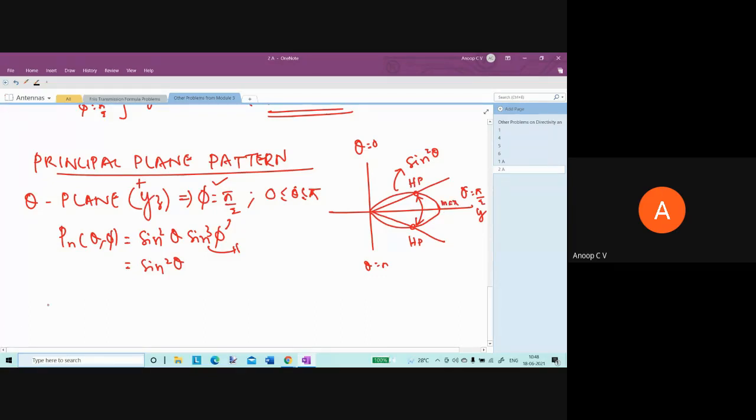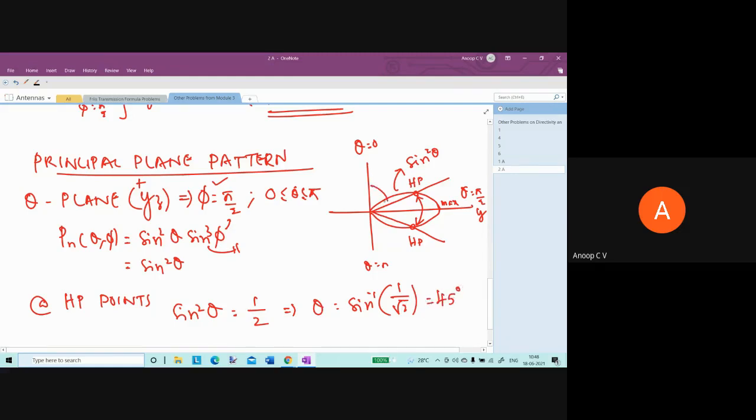At half power points, I can write sine square theta is equal to 1 by 2, which implies theta is equal to sine inverse of 1 by root 2. That is equal to 45 degrees.